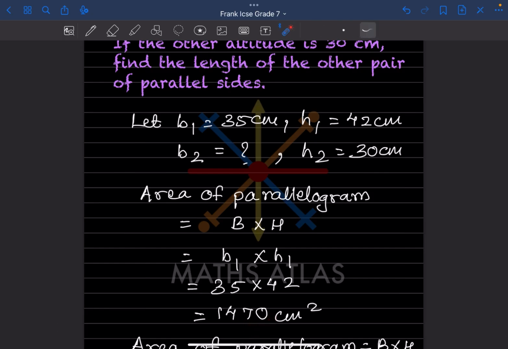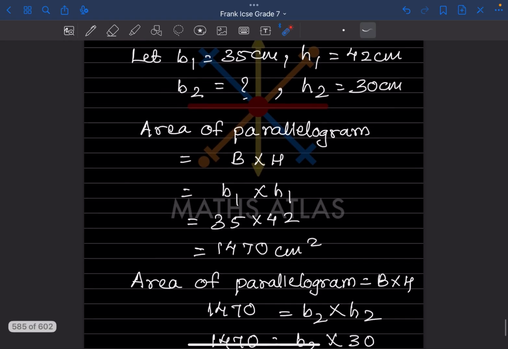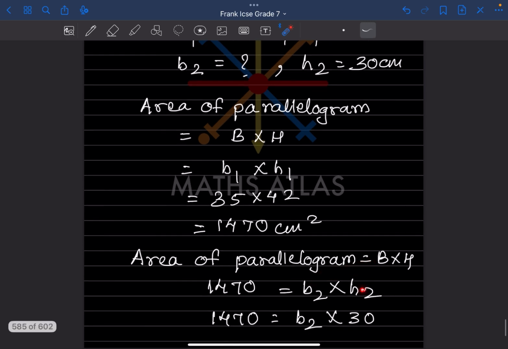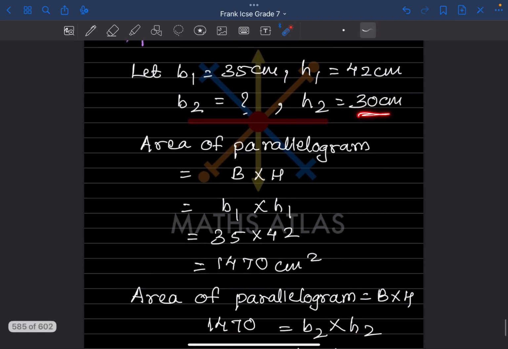Now let us look at the other one. The area of the parallelogram is again B into H. We already got the area of the parallelogram as 1470, so below this we write 1470. We don't know B2, but we know H2. So 1470 is equal to B2, which we don't know, into H2, which is given as 30.